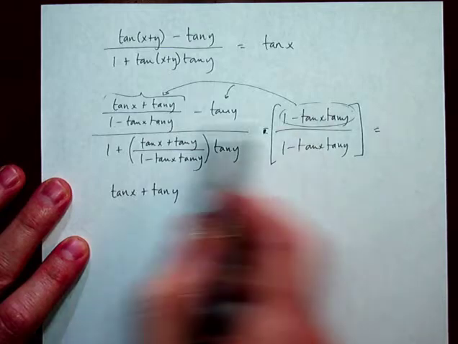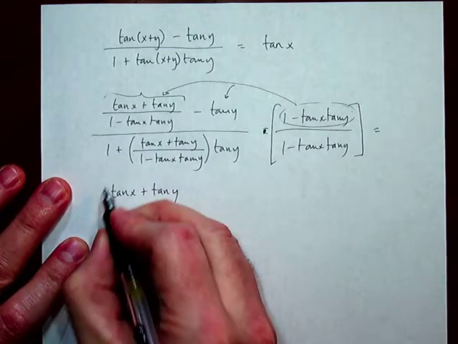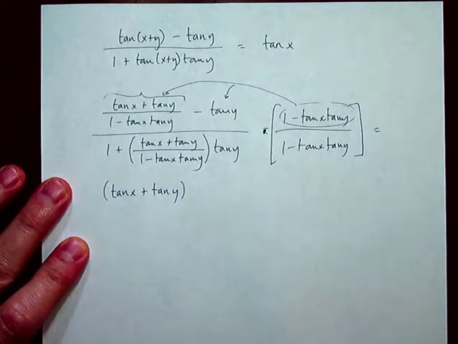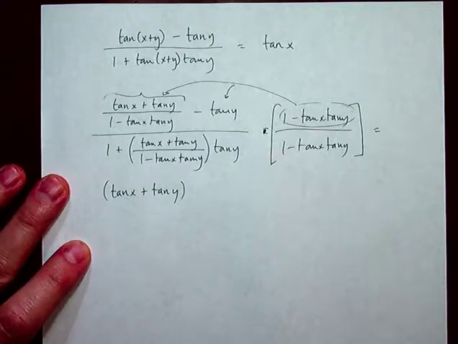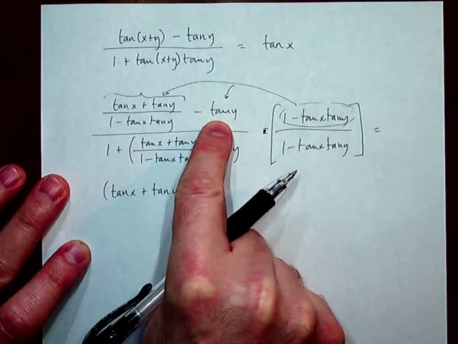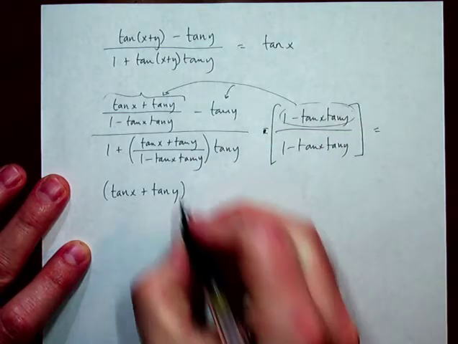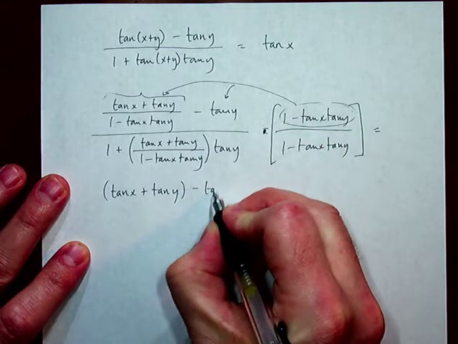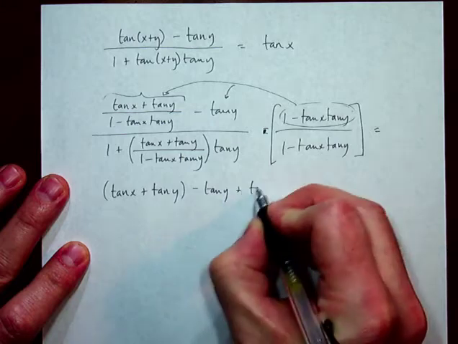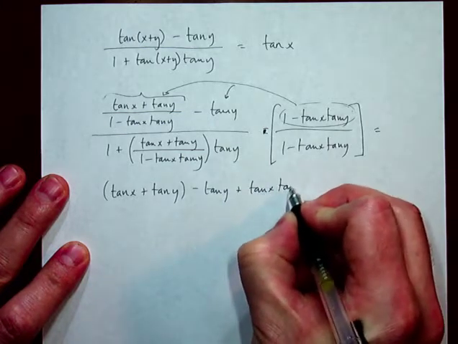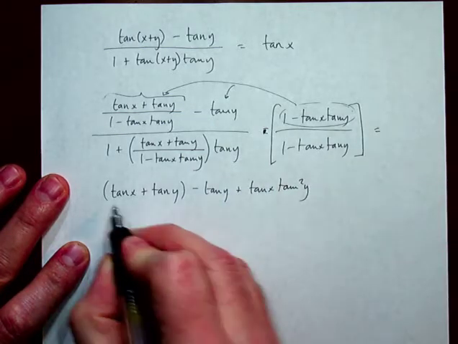When you multiply it by this first term, it cancels with the denominator and leaves you tangent x plus tangent y. When you multiply it by this second one, remember it's negative tangent y and it needs to be distributed across here, and you're going to get negative tangent y plus tangent x tangent squared y.